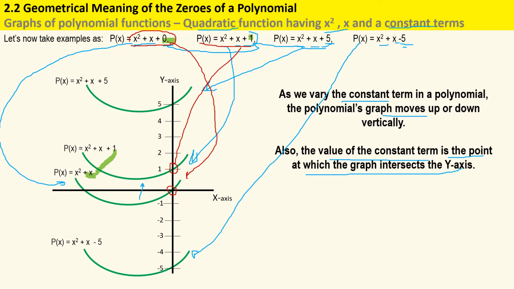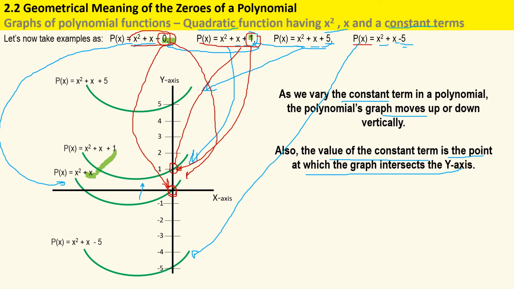So you will notice that the constant term here is 1, and the intersection of the graph is happening at the value 1. Here in this example, x squared plus x plus 0, the constant term is 0, so the intersection is also happening at the value 0.